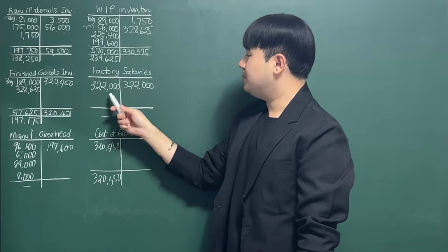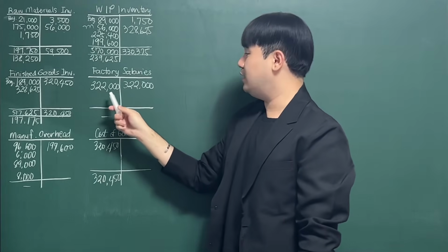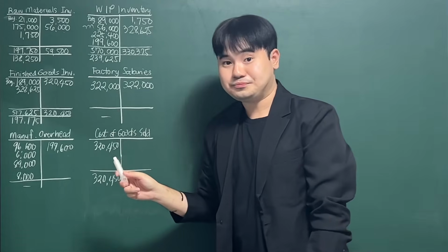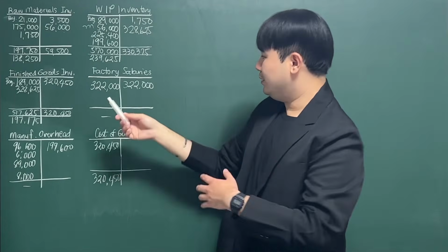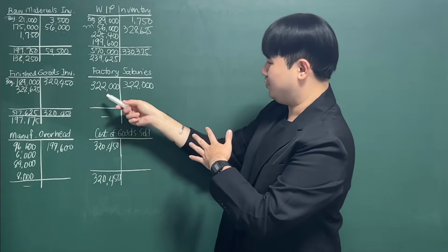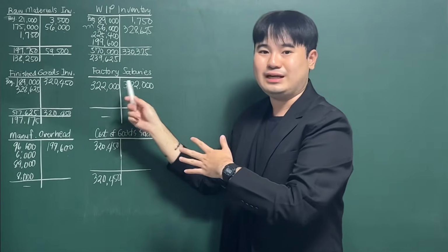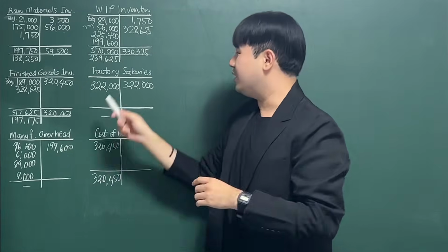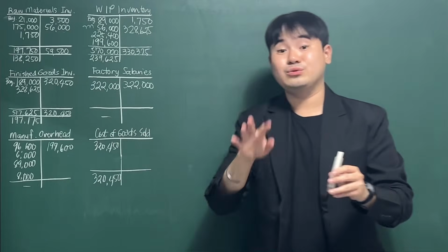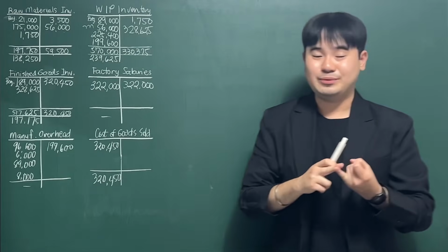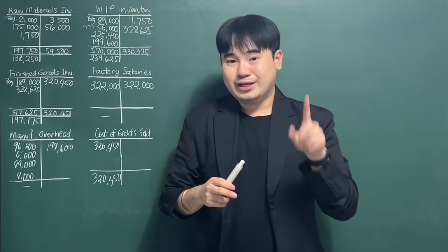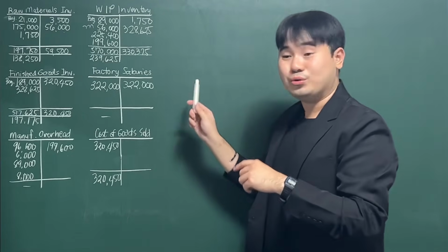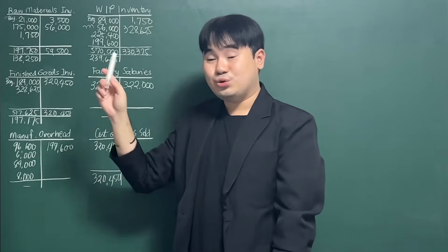As you can see, your factory salaries is 322,000. Okay? But if this is the total factory salaries, always remember that your factory salaries might include both your direct labor and indirect labor. However, your indirect labor will be passed on to overhead. So let's try.